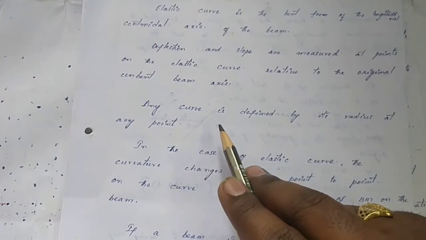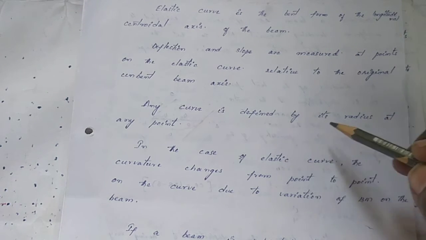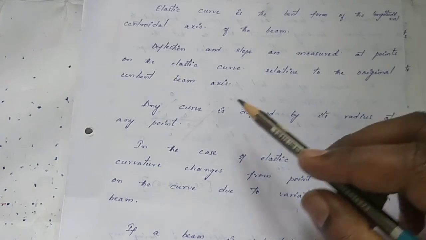Any curve is defined by the radius, generally, if we have to draw a circle or arc based on some angle or radius. Any curve is defined by its radius at any point.